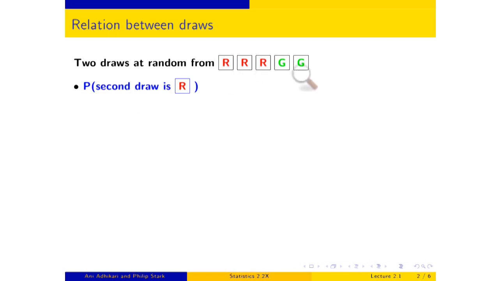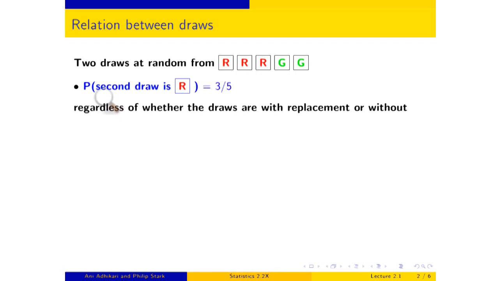So all of these 5 cards are equally likely to appear on spot number 2, and the chance is therefore 3 in 5, regardless of whether the draws are with replacement or without. This was the point of quite a long time spent on this idea way back when. And so if you look at unconditional chances, you can't actually separate with replacement sampling from without replacement sampling.